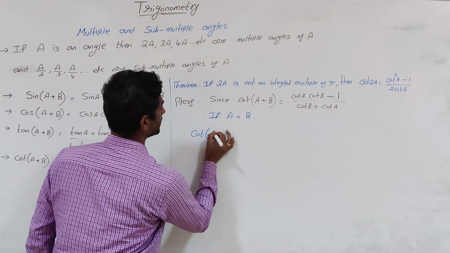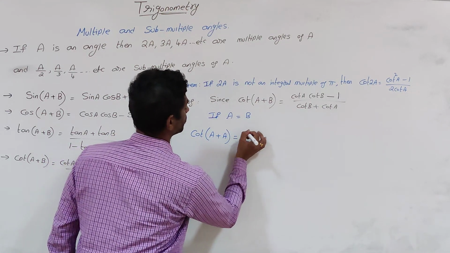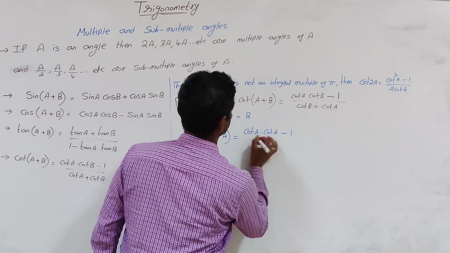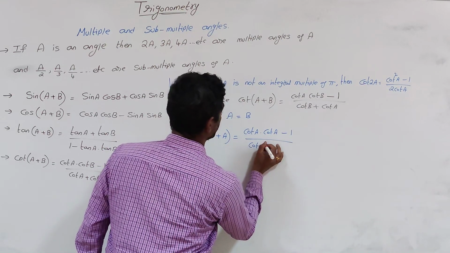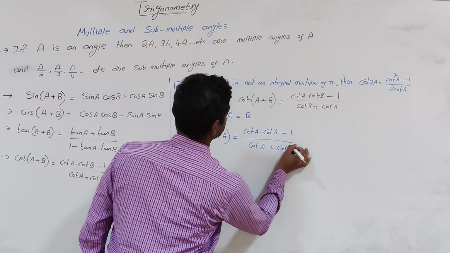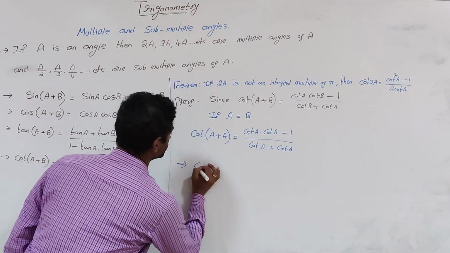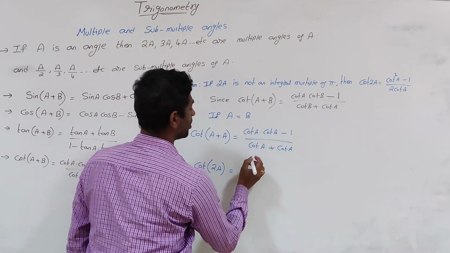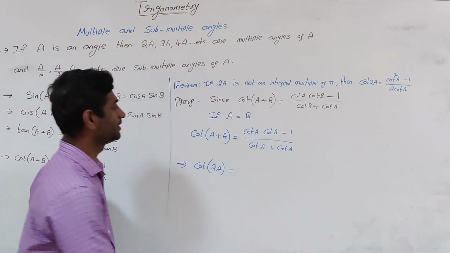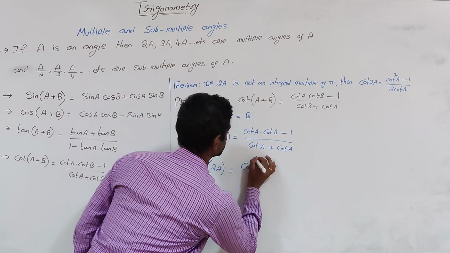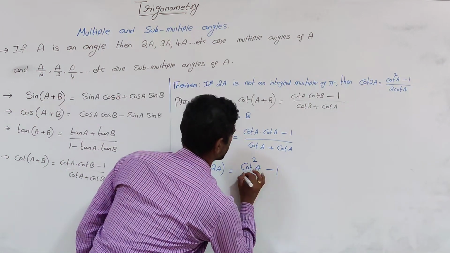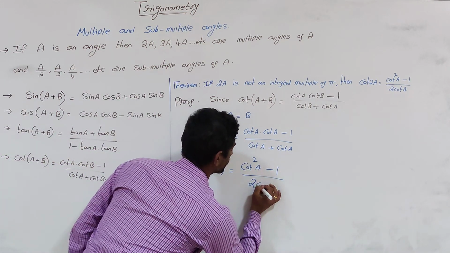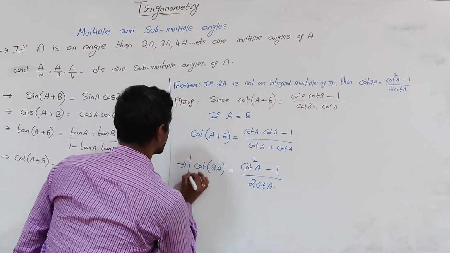Cot of A plus A is equal to cot A into cot A minus 1 by cot A plus cot A. So that gives cot of 2A is equal to cot A into cot A, which is cot square A, minus 1 by the denominator cot A plus cot A, which is 2 times cot A. So that gives cot of 2A.